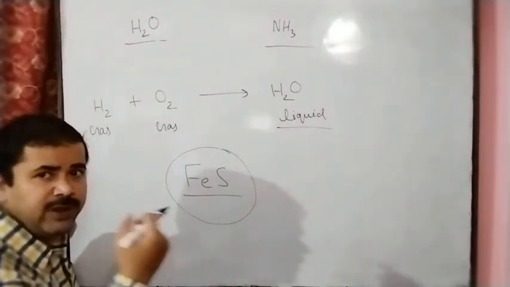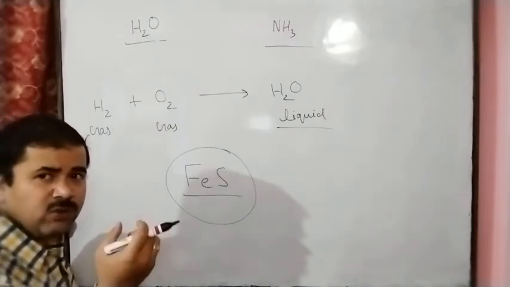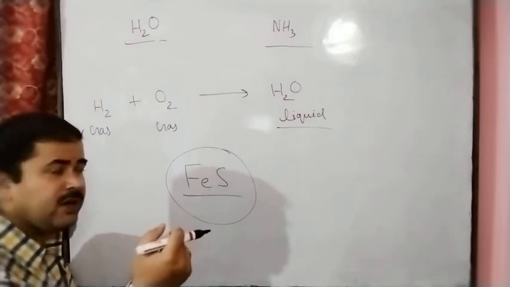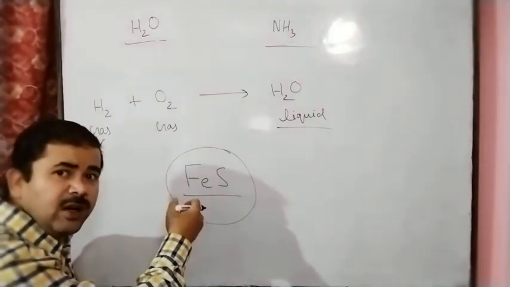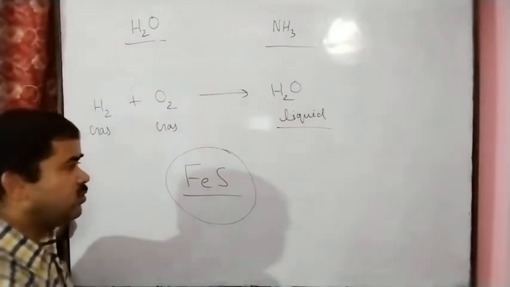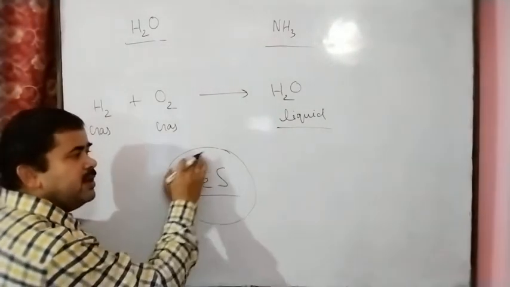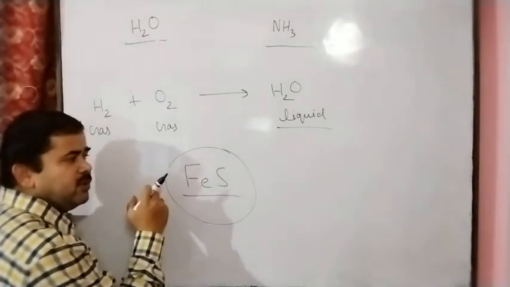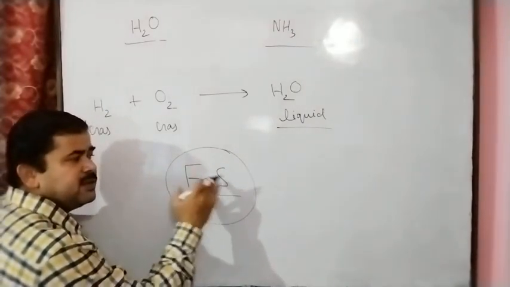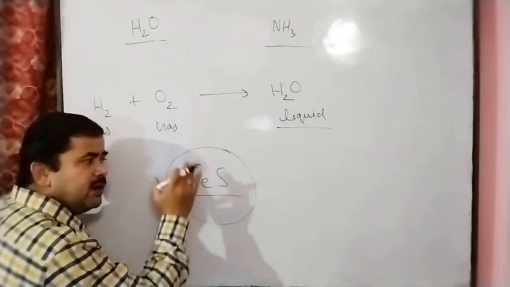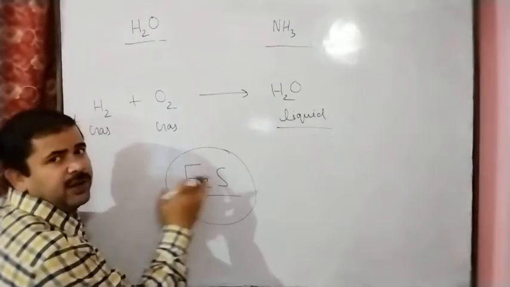A compound has its own properties, and the properties of the compound do not depend on the properties of the components present in it. So no iron properties exist here, because new properties develop due to the combination of iron and sulfur, and these properties belong only to the compound ferrous sulfide.